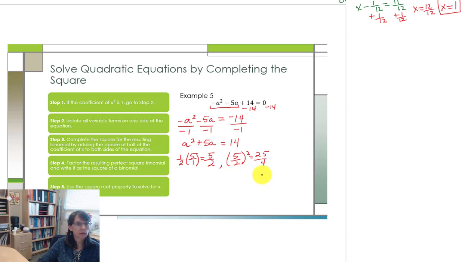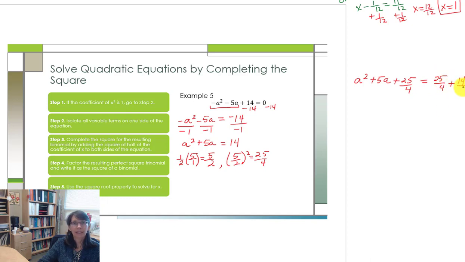Now what I need to do is add 25/4 to both sides of the equation. So that would look like a squared plus 5a plus 25/4 equals 25/4 plus 14.